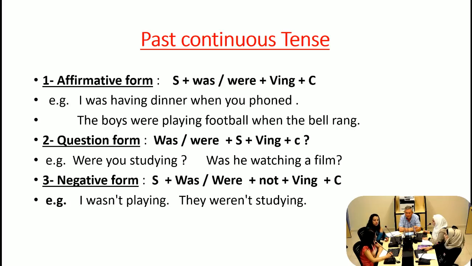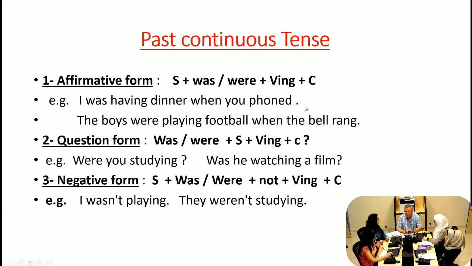The question form, we use was or were first, then the subject, then the verb with ing and the complement with a question mark. Example, were you studying? Was he watching a film? The negative form, subject, wasn't or weren't, the verb with ing and the complement. Example, I wasn't playing, they weren't studying.